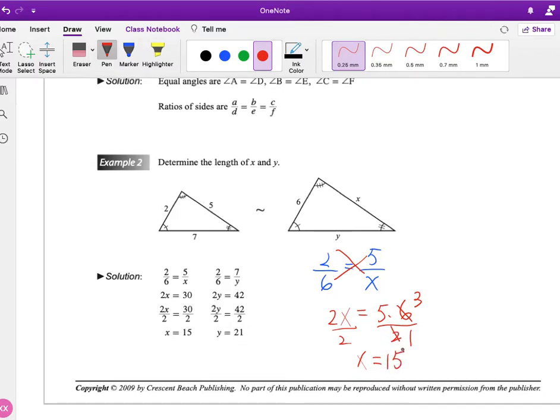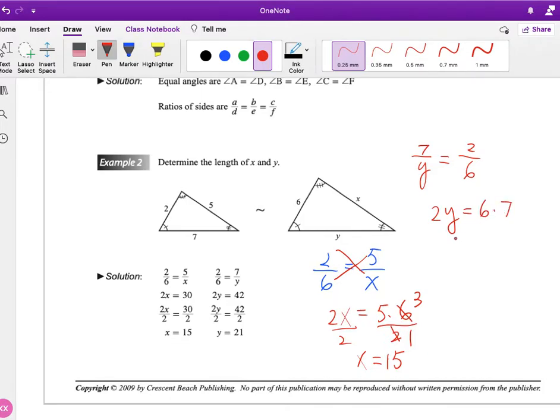Now similarly, how do I do y? It's 7 over y, which equals this side over that side. So 7 over y equals 2 over 6. Cross multiply again: 2y equals 6 multiplied by 7.